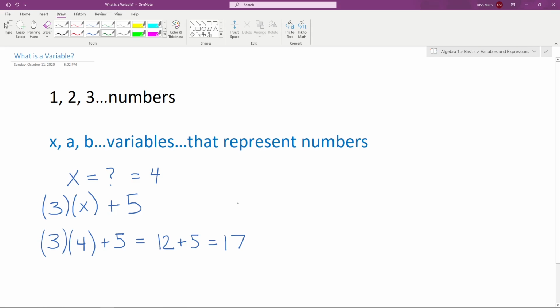If instead another birdie told me, no, x is not equal to 4, x is actually equal to -3, well, then I would substitute in a -3 every time I saw an x. So I would have 3 times -3 plus 5, which is the same as -9 plus 5, and that is -4. Now, whenever I am substituting a known value for x, I can say that I am evaluating the expression.